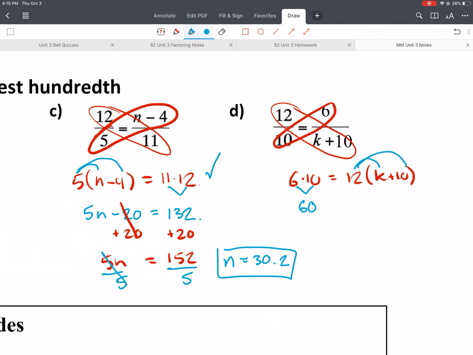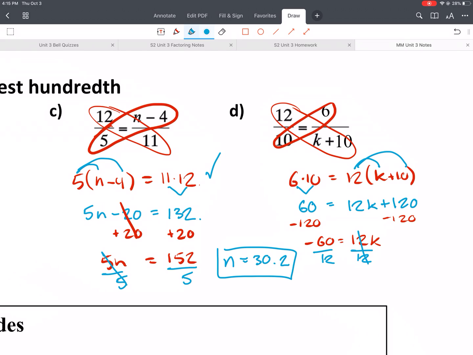We'd distribute to give us 12k plus 120. Then we would subtract 120 from both sides. That would give us negative 60 equals 12k. And then we would divide both sides by 12.